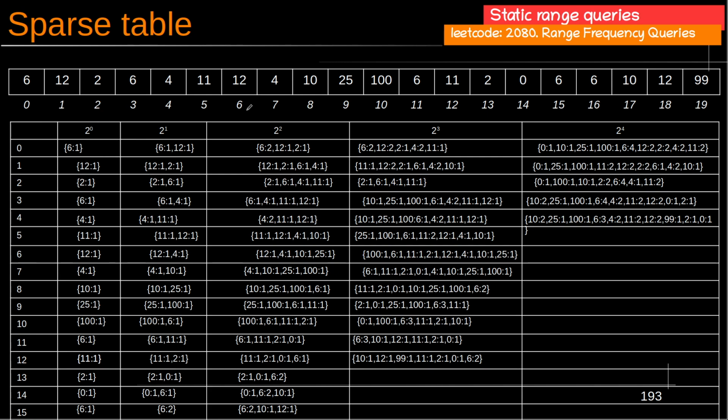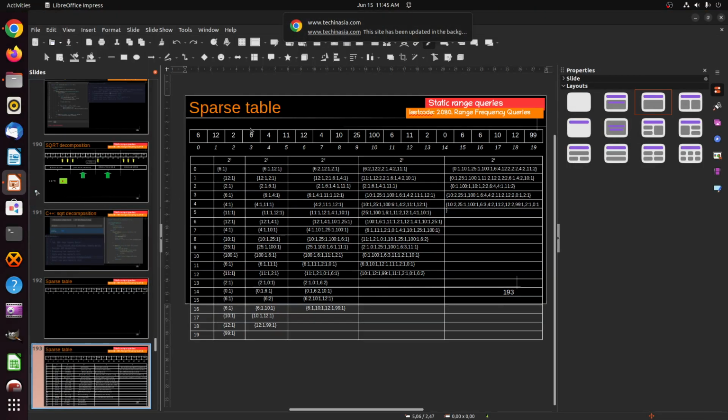We have to compute the size of this 2D array. If my array is from 0 to 19, it will be from 0 to 19 in the rows, and we have here 5 on the columns because we have to take the floor of the log of the size plus 1.